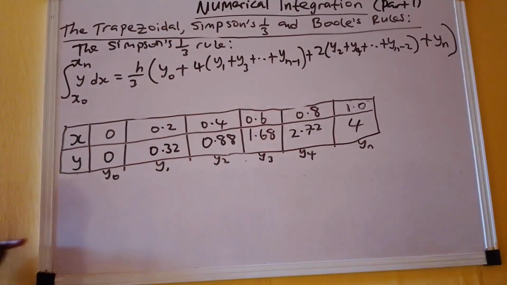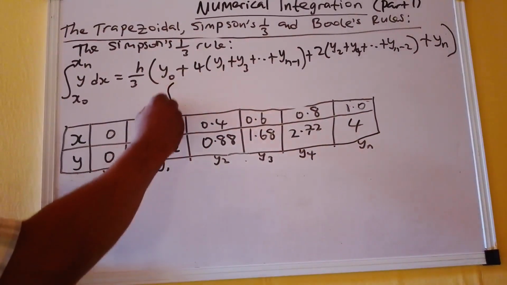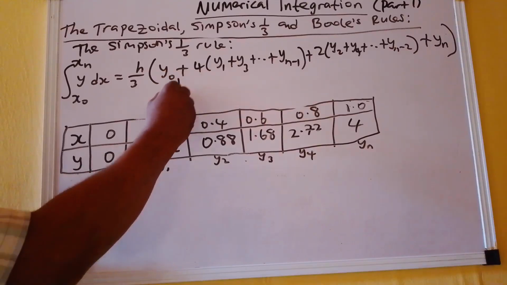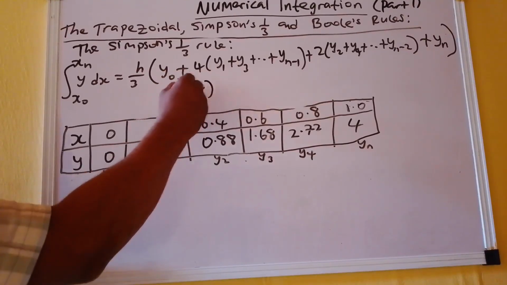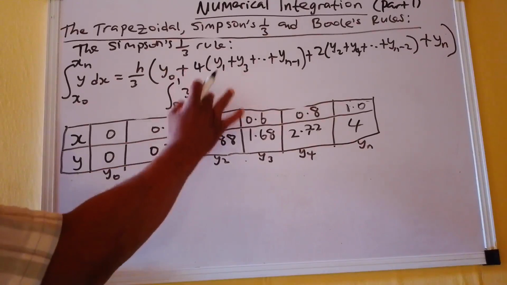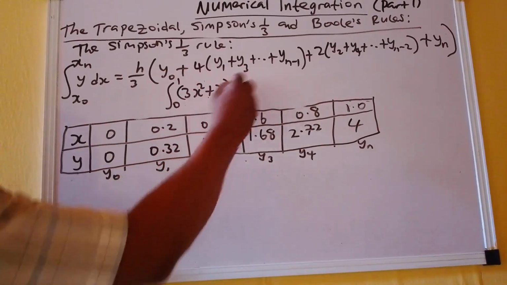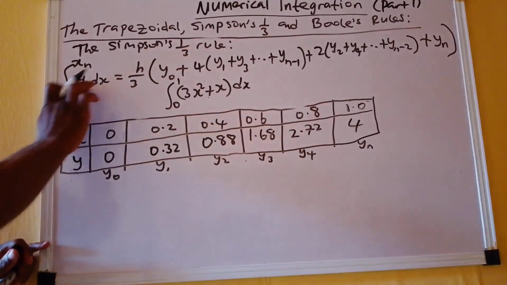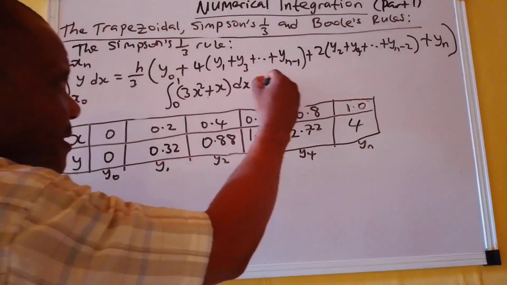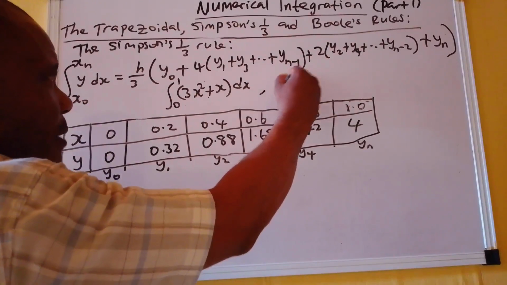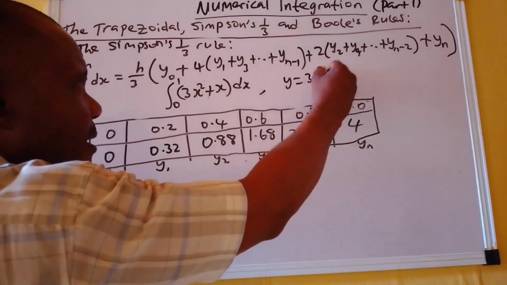Remember again, our problem is the integral from 0 to 1 of 3x squared plus x dx. If this is y, that means what we have in the bracket here is y. Our y will now be equal to 3x squared plus x.